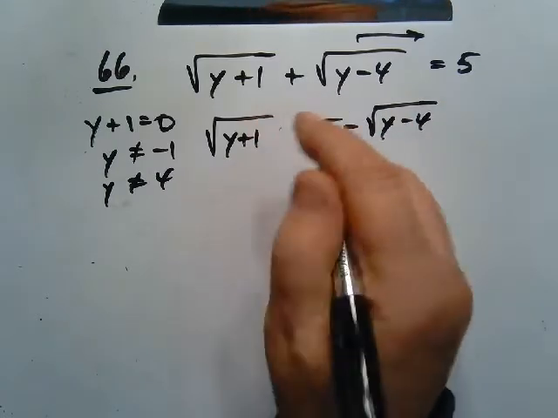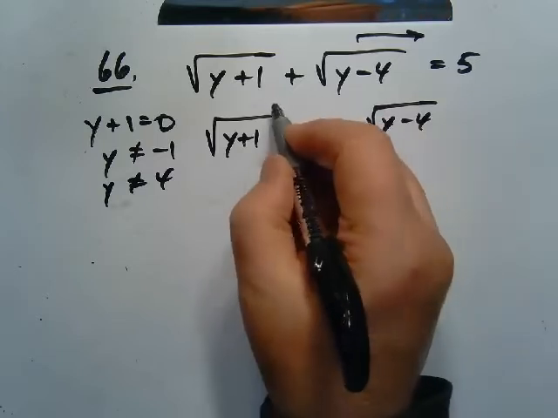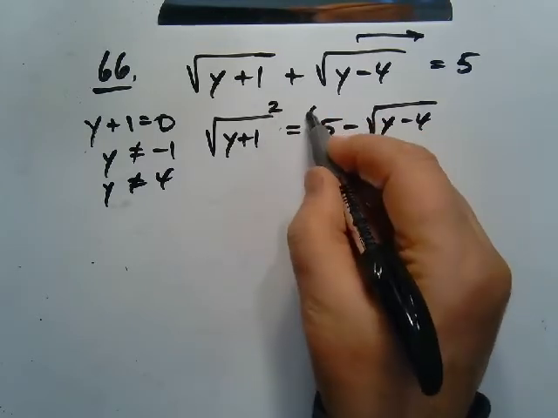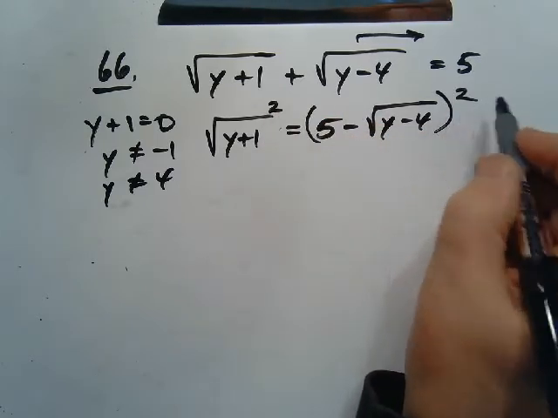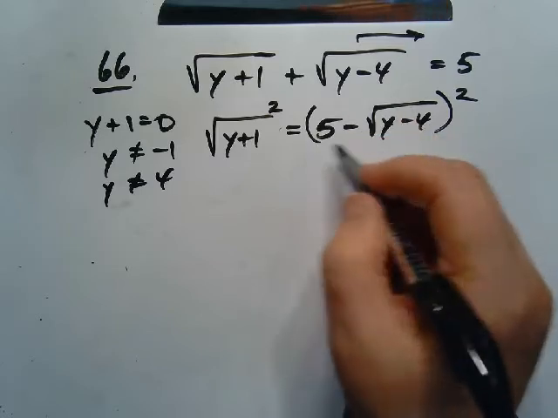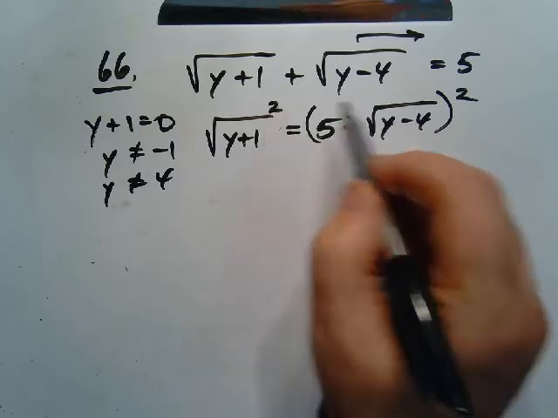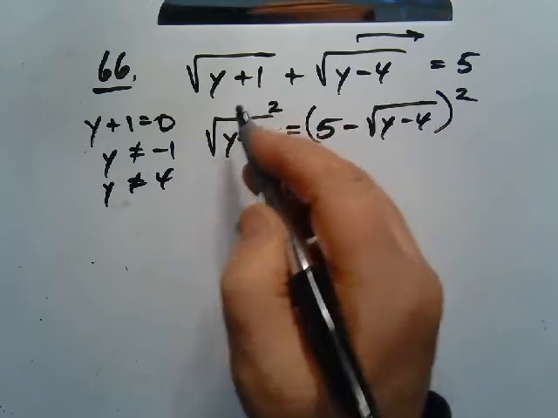Basically, I subtracted the square root of y minus 4 from both sides. Now, at this point, we're going to square both sides. I'm going to square it here, and I have to put parentheses here and square this side. I'm going to end up FOILing over here. And this process is actually going to have to be done twice. So we're going to square both sides to get rid of this radical.